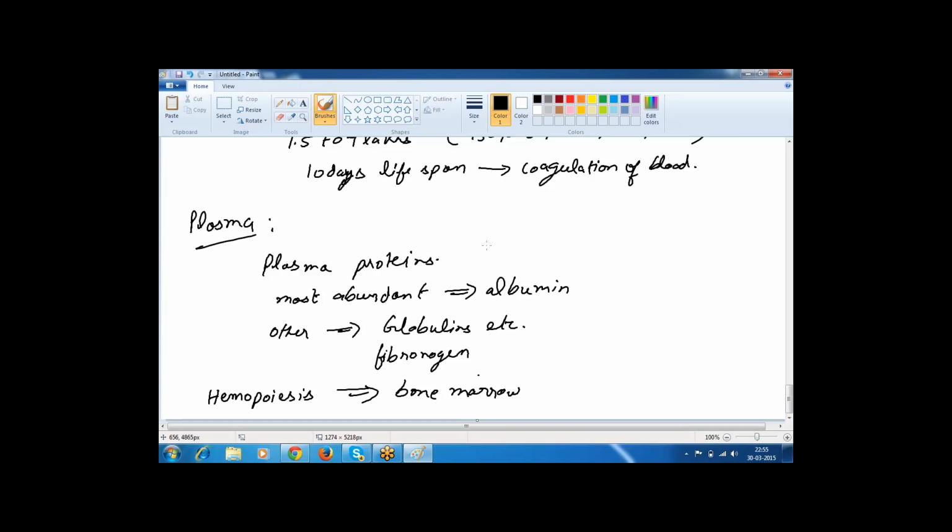Formed in bone marrow but maturation takes place in thymus. Is that clear?